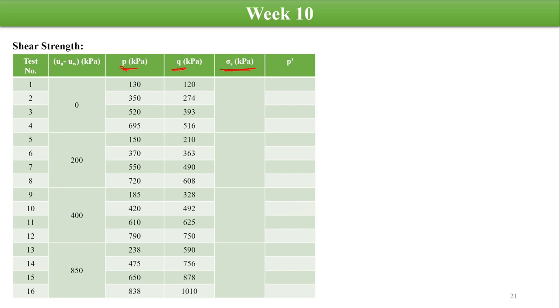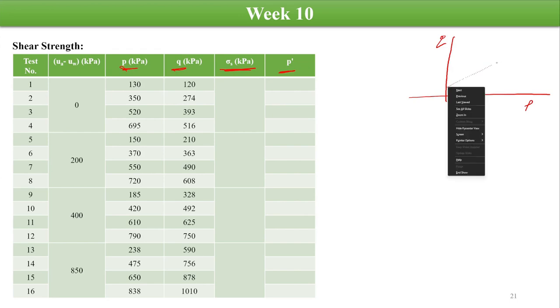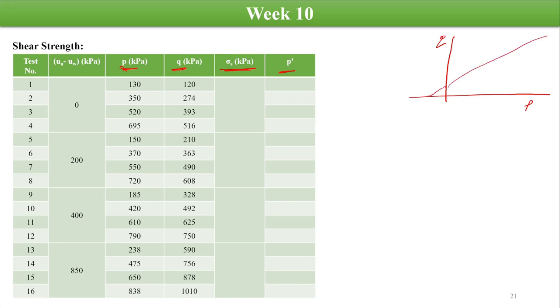And then we'll calculate the value of P dash, that is the effective mean stress. Okay, so for calculating that, first we will plot Q versus P, and in this plot, this is the phi dash value, and this intercept is nothing but c dash upon tan phi, or c dash cot phi.